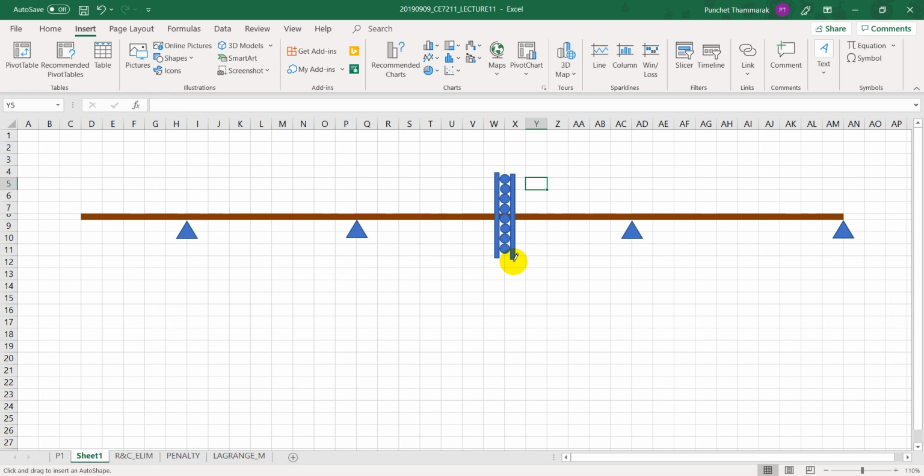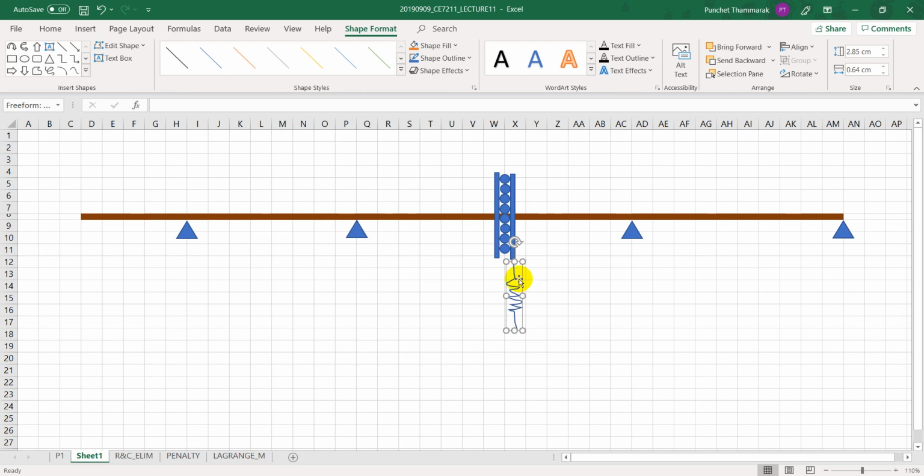Spring. I'll try to make a beautiful version for you later. This is the ugly version first.